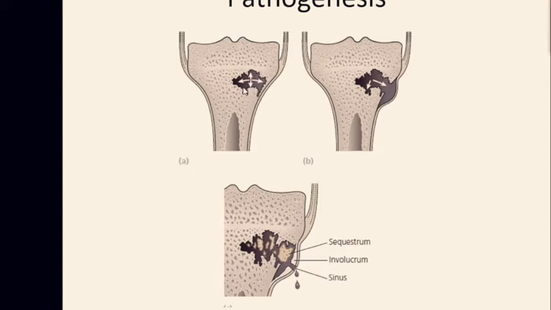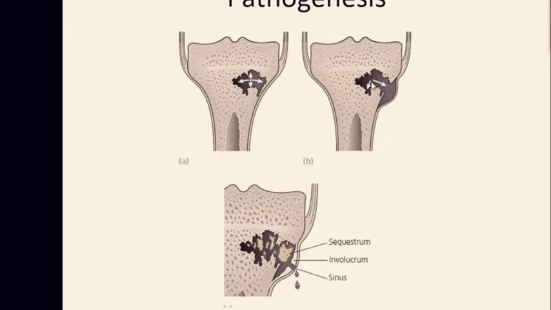Now the fate of the pus, how it goes. The pus can break through this cortex and percolate down the periosteum, and that is known as a subperiosteal abscess. The periosteum in children is quite loose and thick, so it percolates down.